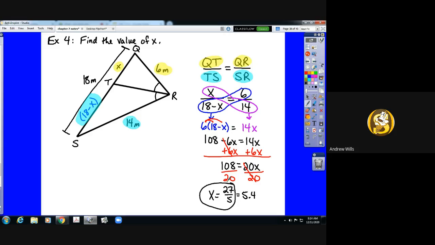Now, in the chat, please, make sure you're all still paying attention to me. Please tell me the length of TS. Type the length of TS into the chat.